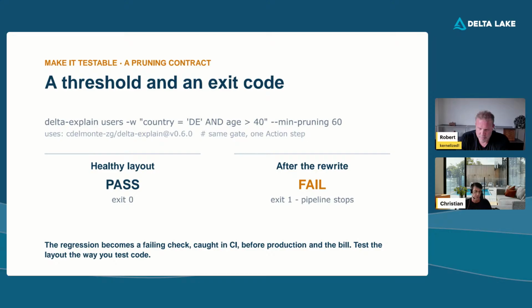So we are tied conceptually to the physical layout, but we are moving on another level, over the level of the metadata, which is generated by Delta Lake and consumed and understood by delta-kernel-rs. Yes, absolutely.